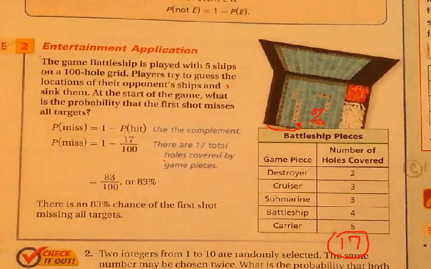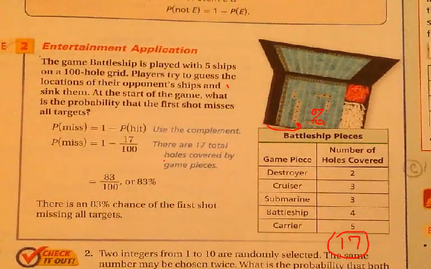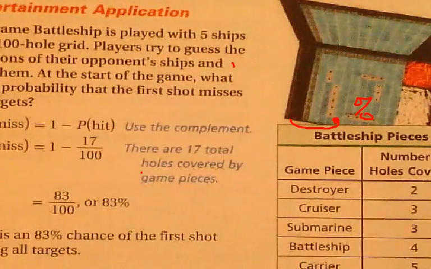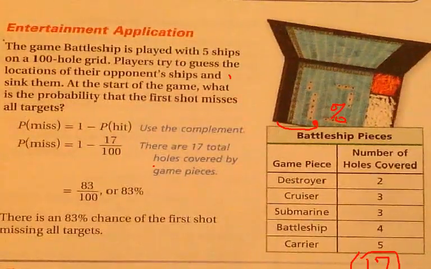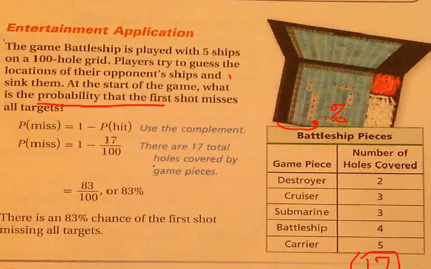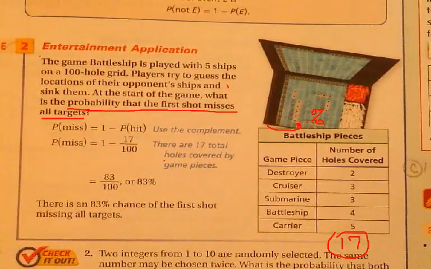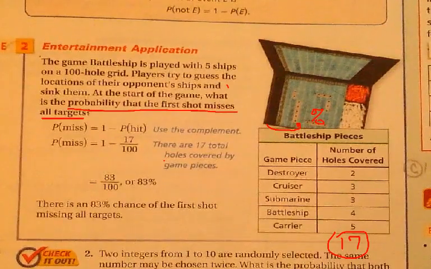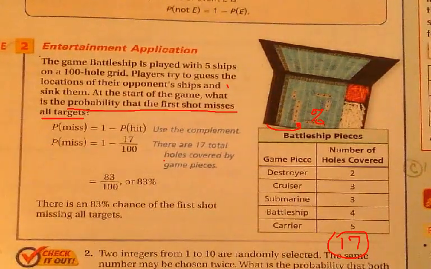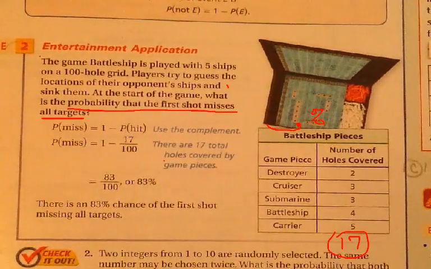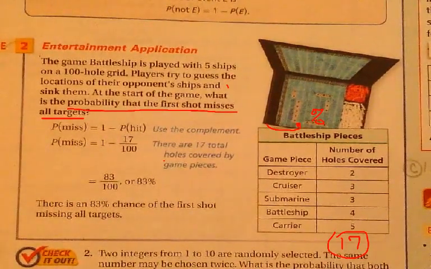So let's read the question. We solved this, so we know that there's 17. Let's zoom in a little bit. What's the probability that the very first shot misses all the targets? Well, we know that the targets cover 17 out of 100 places. So 17 out of 100 are covered with the ships.